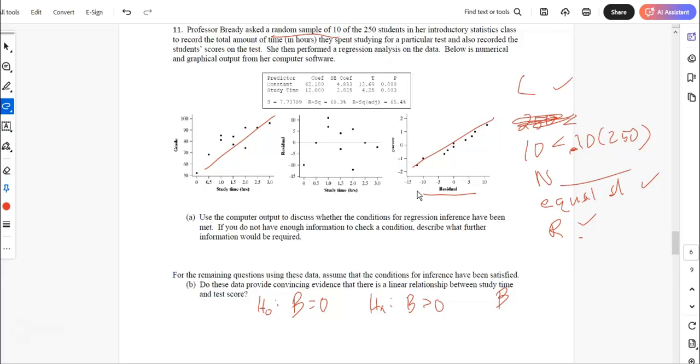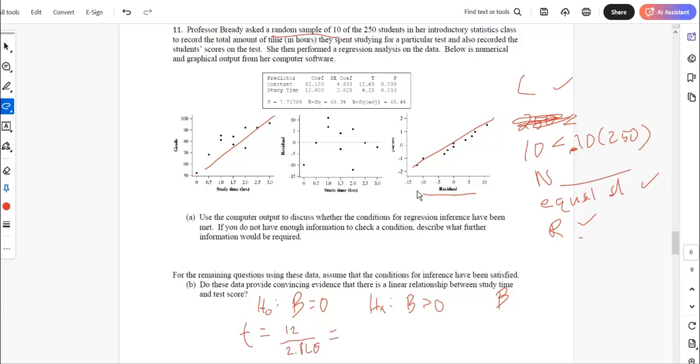Okay, so then we're going to go to the conditions. We just checked, so we're not doing that again. So let's do the do section here. So you could do t equals the slope, which is 12, over the SE, which is 2.825.